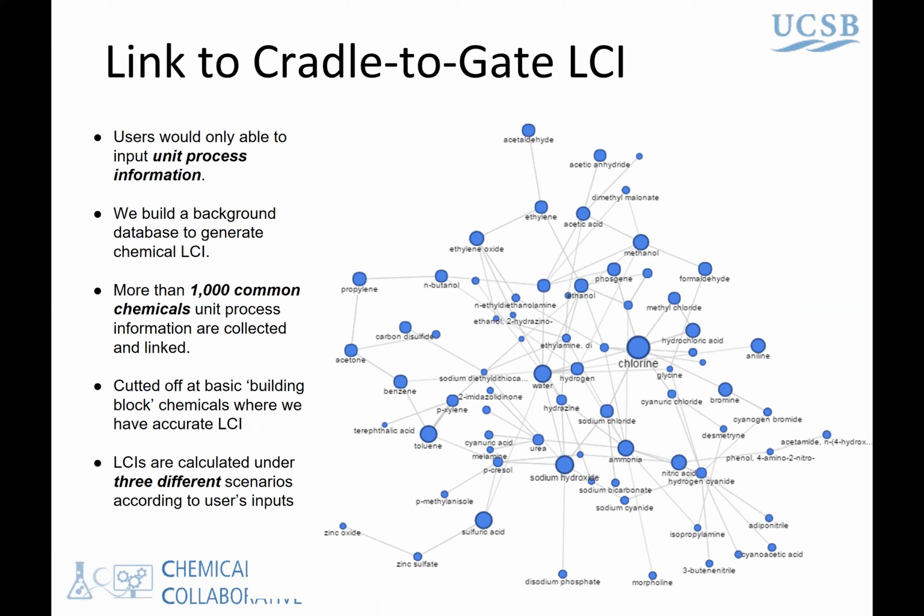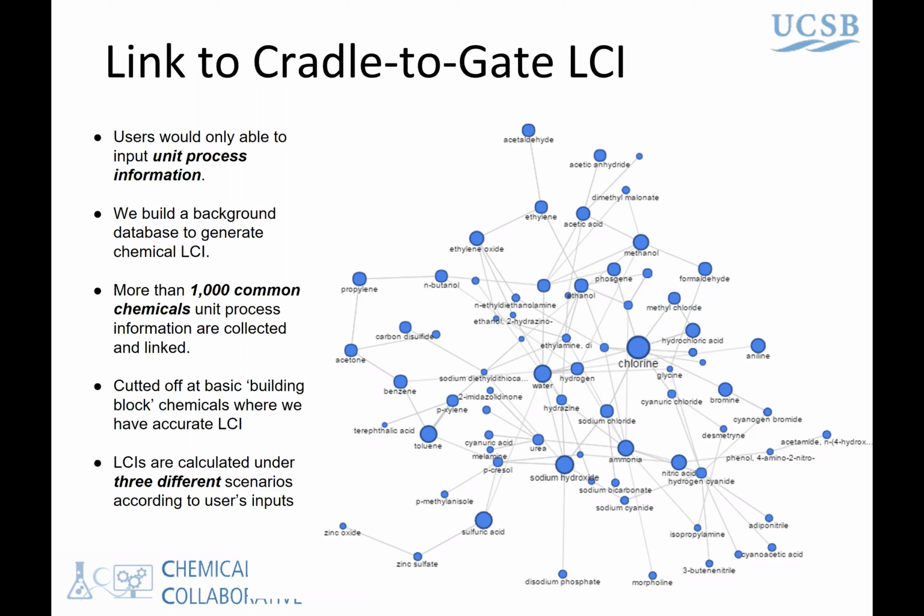It has been referred to many times because it's a very common chemical, and also water, benzene, ethanol, methanol are also very common building block chemicals in our database. And we want to make sure that we collect very accurate building block chemicals' LCI information, so that for most of the cases we have a very good output from our database.